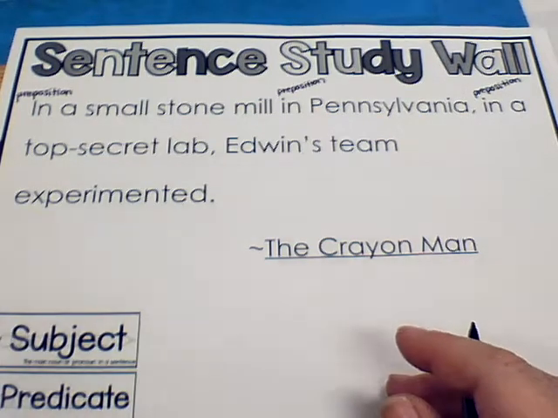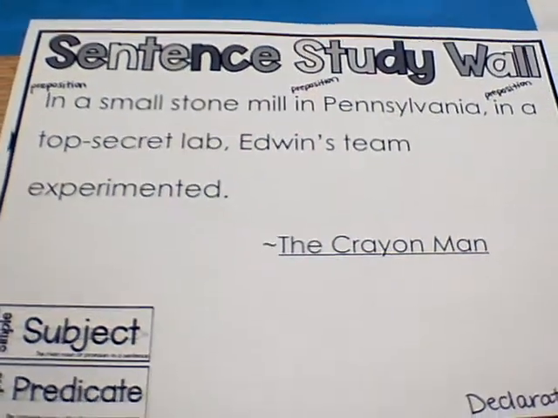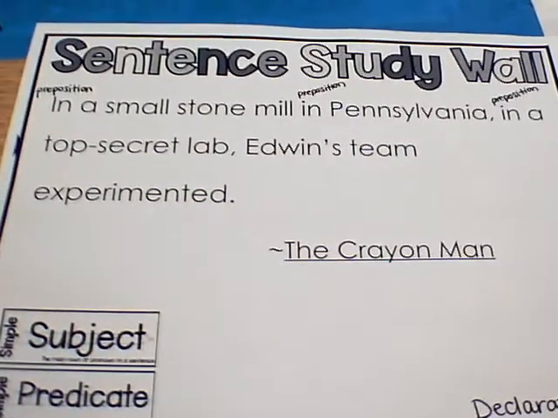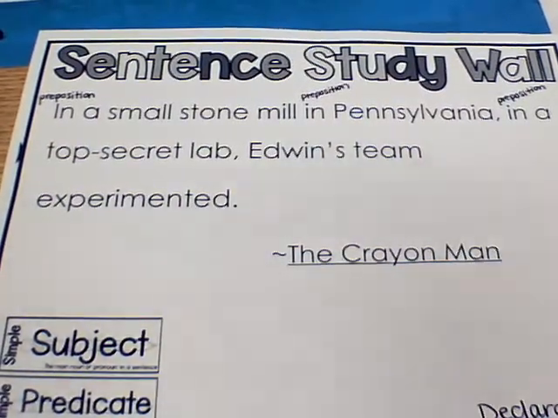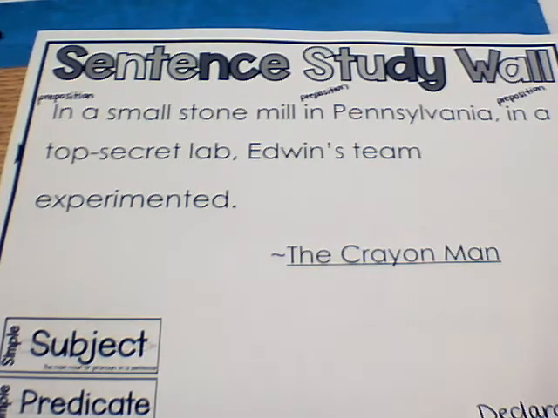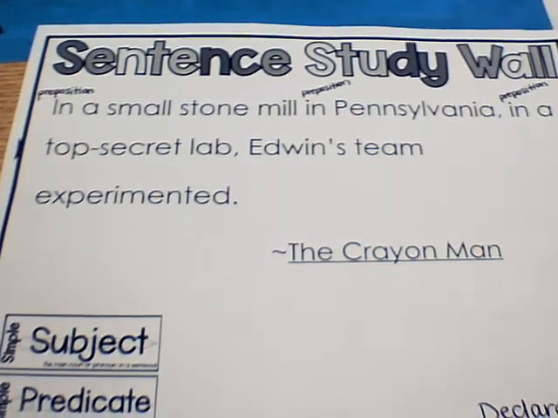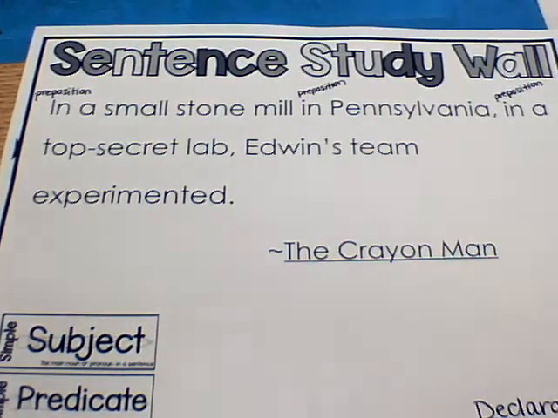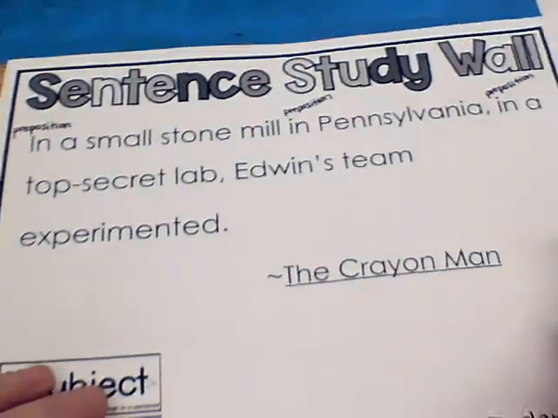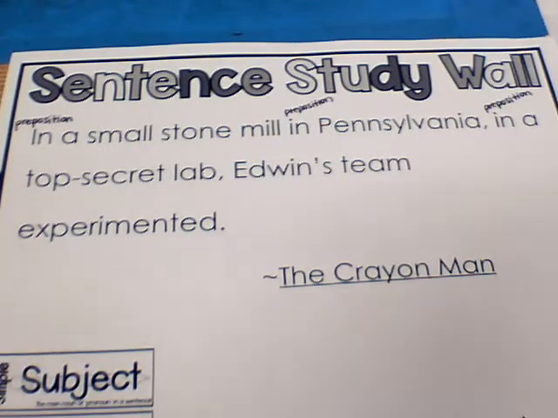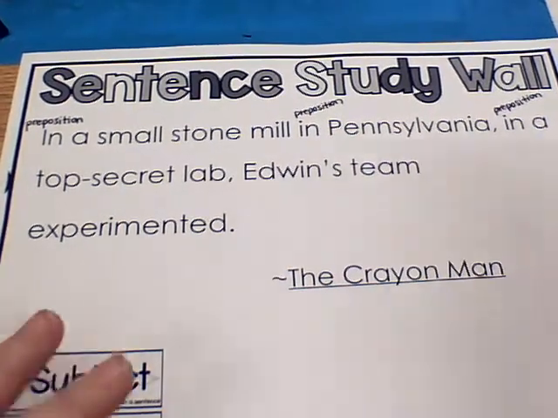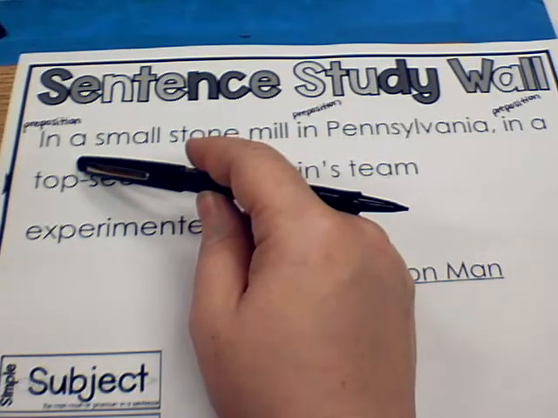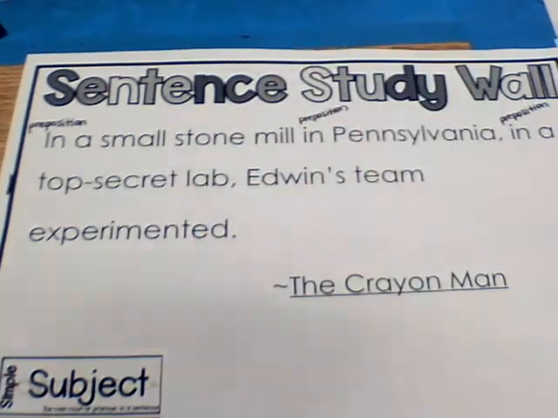In. So, I just realized it's a little blurry. Let's try to get it better. Okay, that's the best so far. Preposition, preposition, preposition. No, it's still blurry. Okay. Hopefully this is okay. Then we have the word a, and it is still blurry.